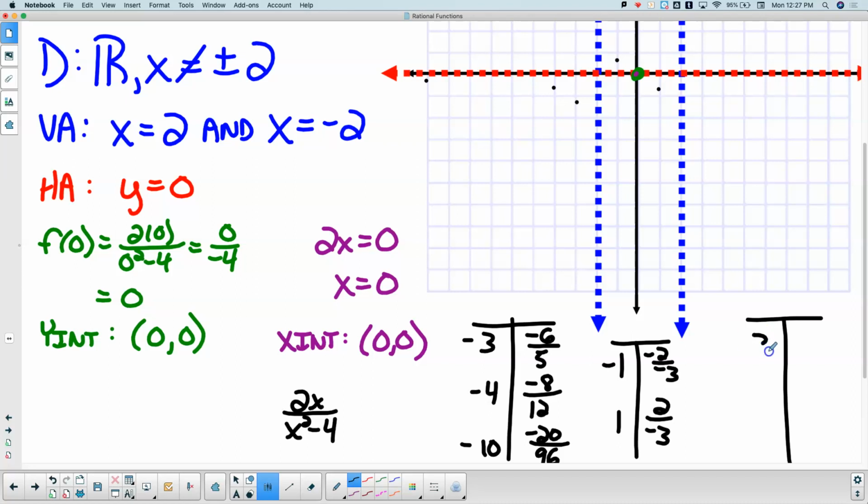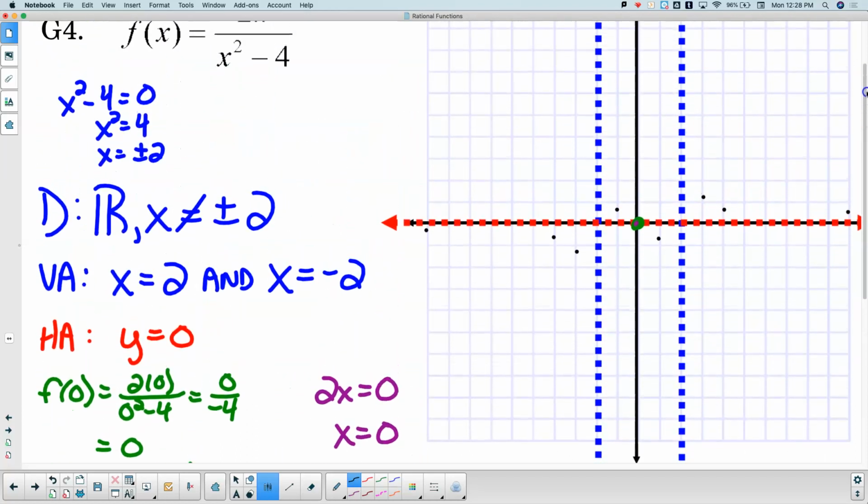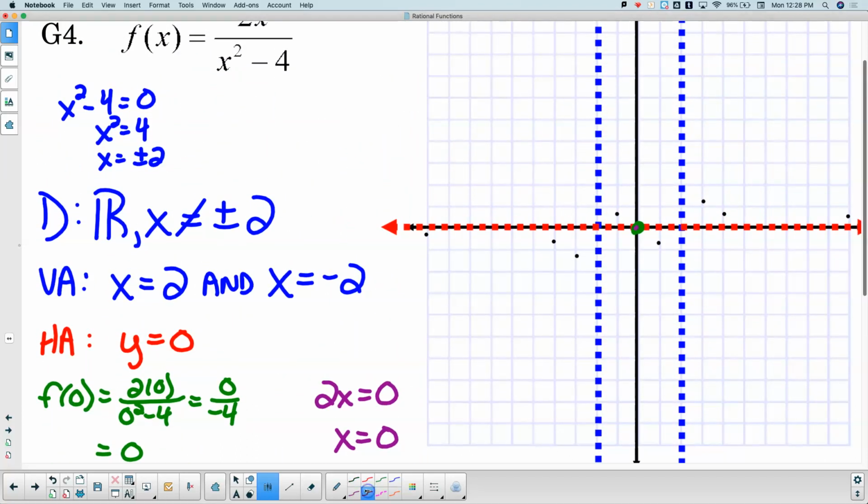If I put in 3, I get 6 over 5. If I put in 4, I get 8 over 12. And if I put in 10, I get 20 over 96. There.